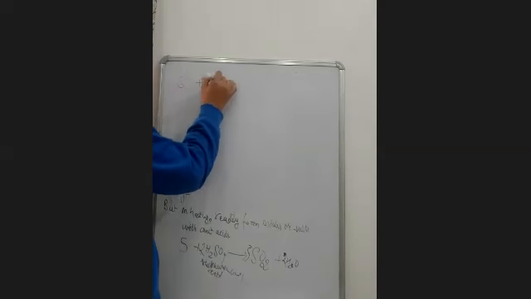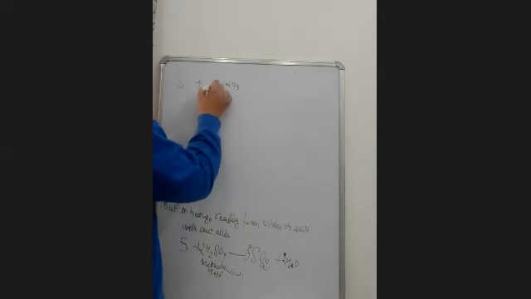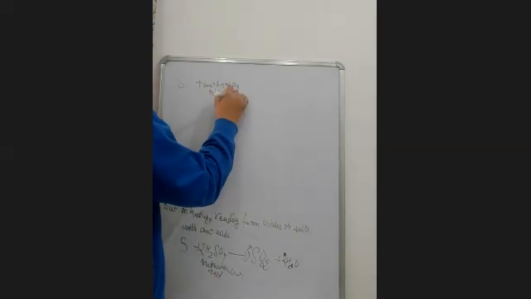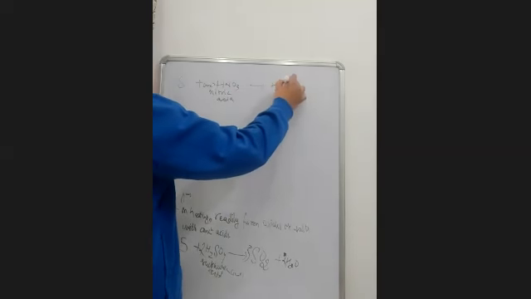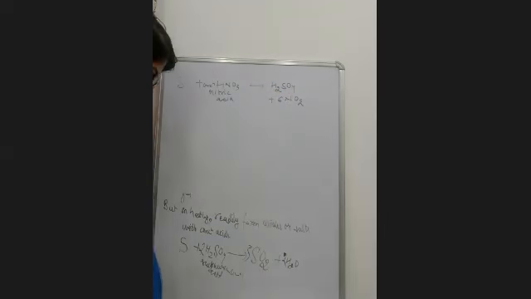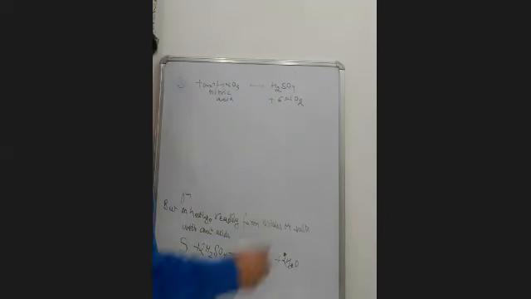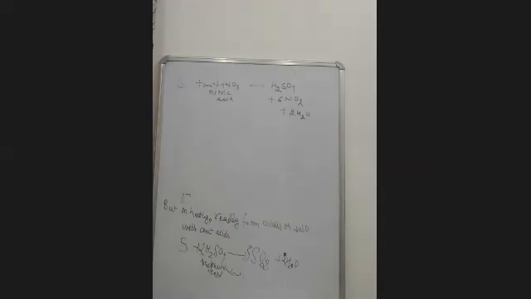Sulfur plus HNO3, concentrated nitric acid, gives rise to H2SO4 plus 6NO2 plus 2H2O.